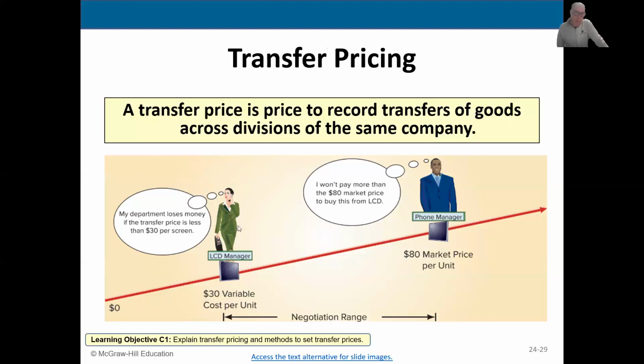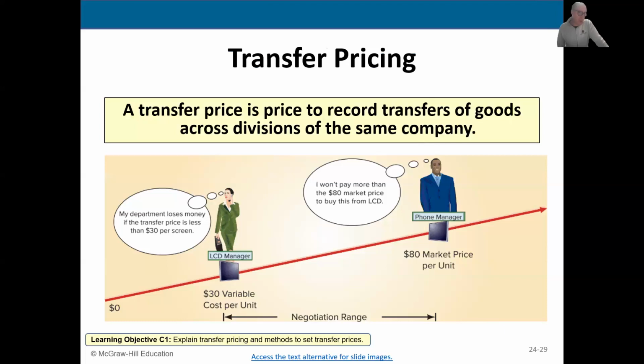On the left, I have the manager that makes LCD televisions. On the right, I have the manager that makes the phones. Okay. The two negotiate with each other to transfer manufacturing capability and the additional inventory from one division to another. Okay. So the LCD manager calls up the phone manager and says, hey, I have reached capacity.